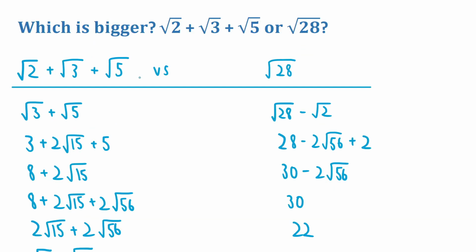We can conclude that the original left-hand side expression is the greater of the two expressions because all we've done at each step is apply the same operation to both expressions in such a way that doesn't change the direction of the inequality. So the final comparison, where the left-hand side is greater, is equivalent to the original comparison. This implies that the left-hand side of the original comparison is the greater expression.